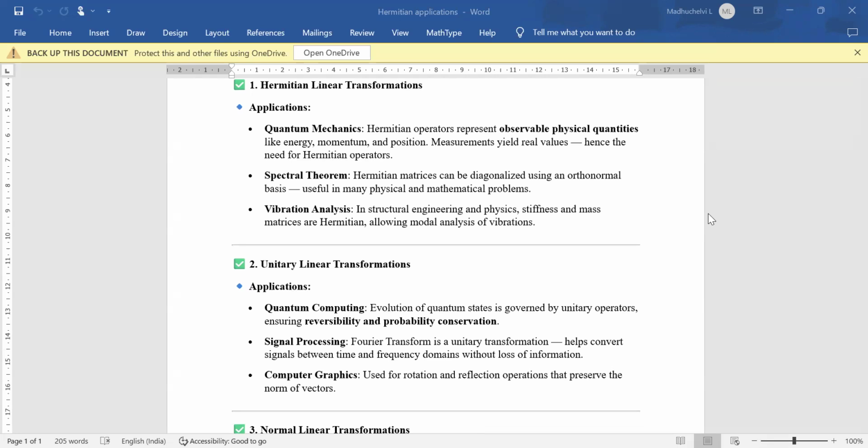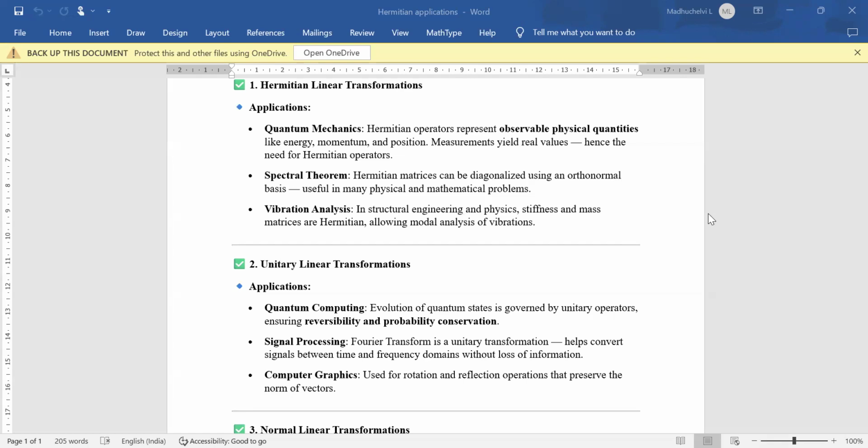Hermitian operators represent observable physical quantities like energy, momentum, and position. So, measurements yield real values. Hence, the need for Hermitian operators. Then Hermitian matrices can be diagonalized using an orthonormal basis, useful in many physical and mathematical problems. In structural engineering and physics, stiffness and mass matrices are Hermitian, allowing modal analysis of vibrations.